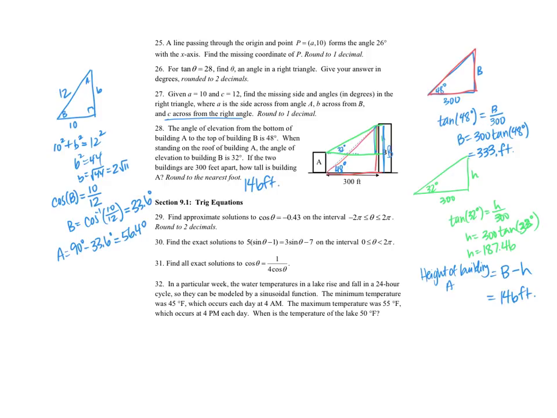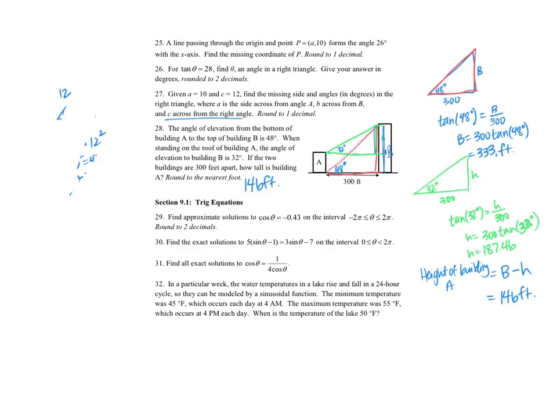Okay. The next one, I want to solve some trig equations. So I want to find some approximate solutions to this on the interval from negative 2 pi to 2 pi, and I want to round that to 2 decimal places.